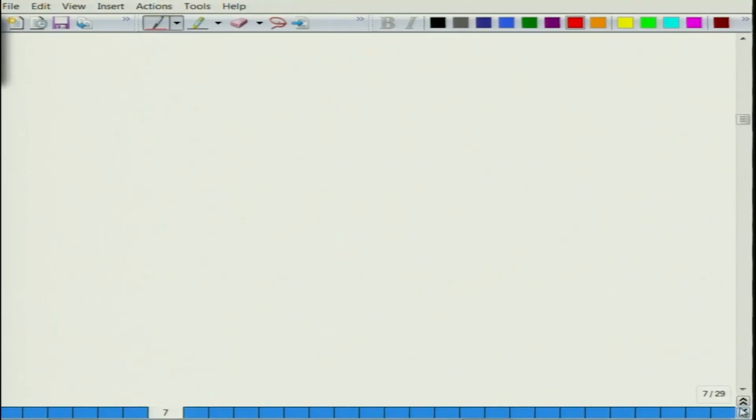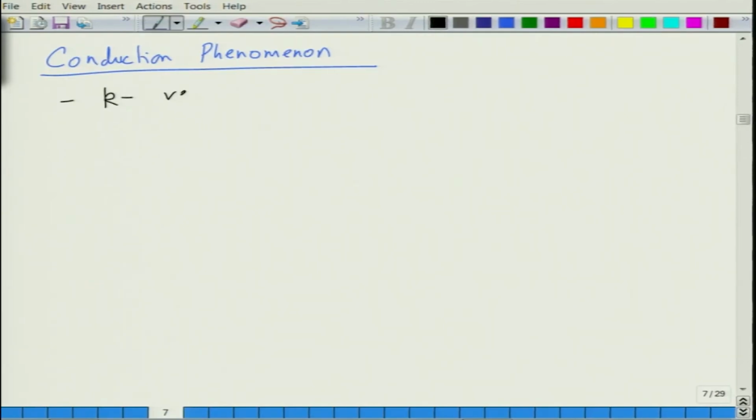If you look at this in terms of conduction phenomena, we saw that the k vector can be negative as well as positive, depending upon the direction.